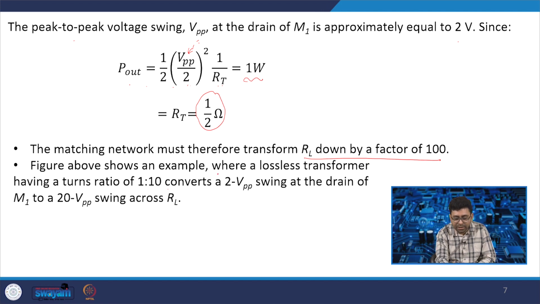the figure above shows an example where a lossless transformer having a turn ratio 1:10 converts a 2 volt peak to peak swing at the drain of M1 to 20 volt peak to peak swing across the RL. So, here the requirement is a matching network.